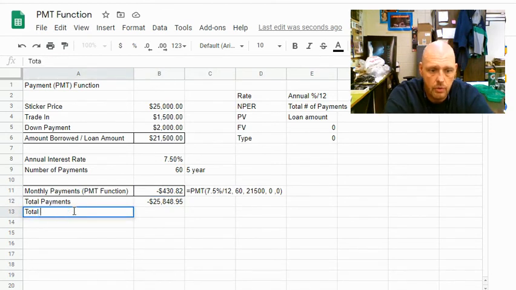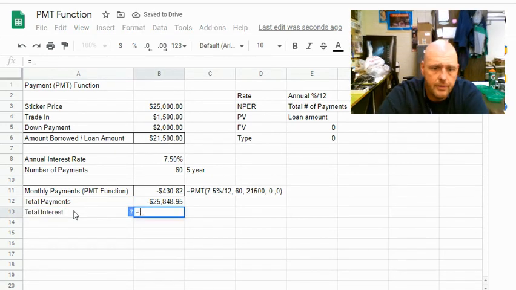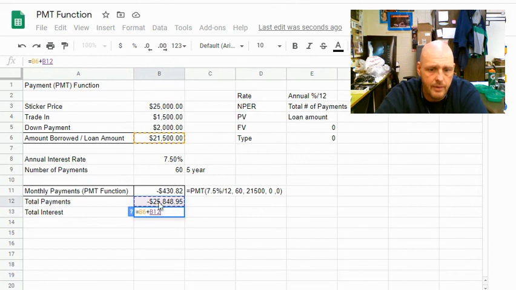If I did total interest payments, or total interest calculated, it's the difference between the amount of money I borrowed and the amount of my total payments, and I'm going to do an adding formula because one of these numbers is positive and one of these numbers is negative.